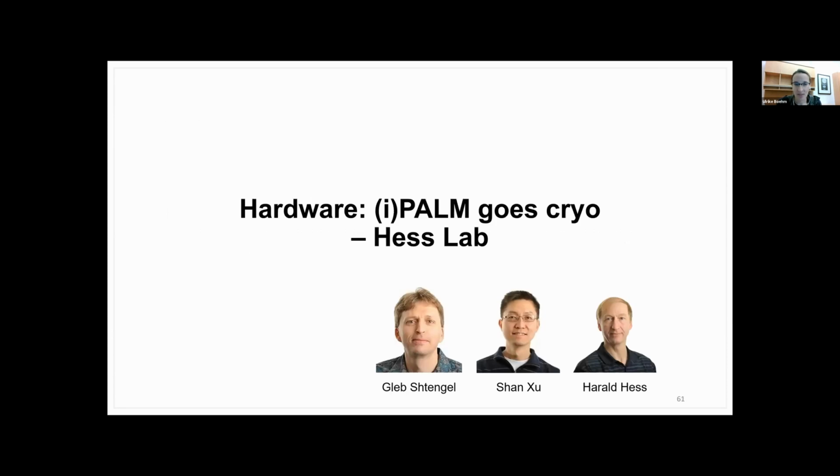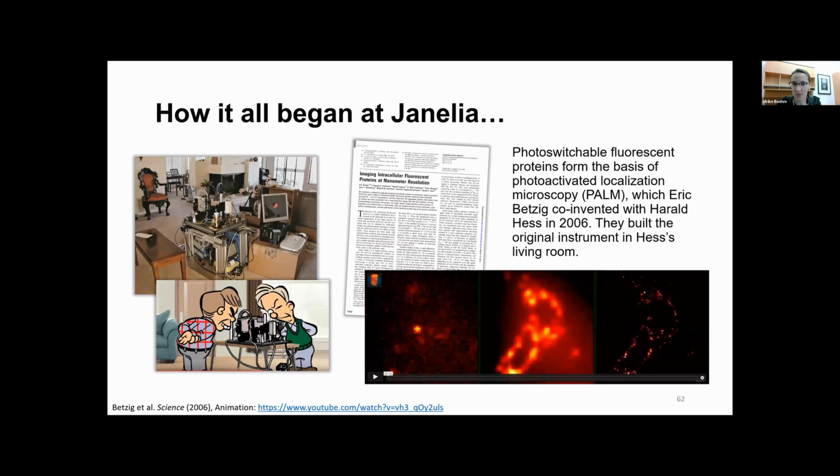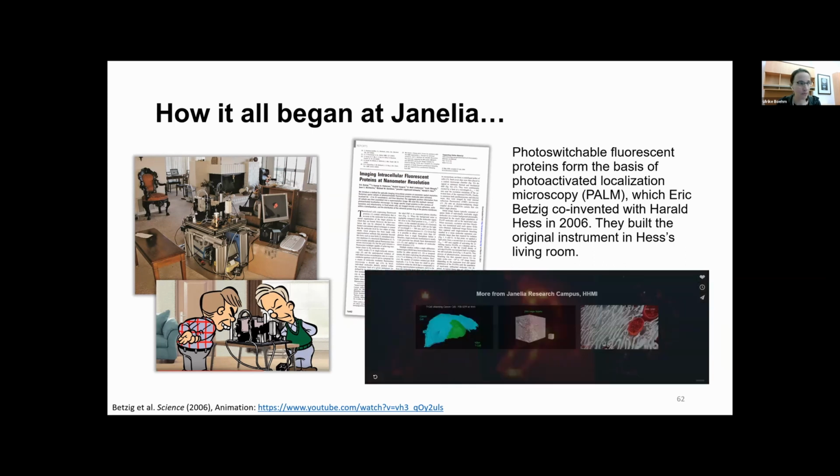Okay, let's talk about the hardware aspect. This is work done by Gleb Shtengel, Shan Xu, and also Harald Hess. Harald Hess, as you maybe know from his previous work, is one of the co-inventors of the PALM technology, which was published in 2006 and is quite powerful.